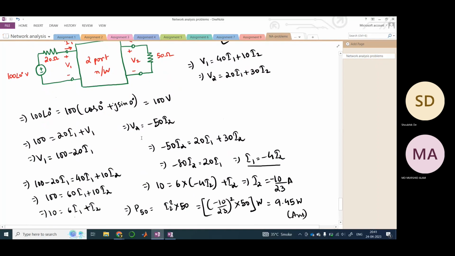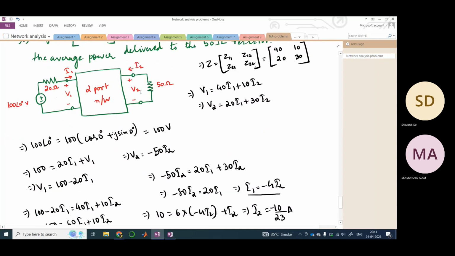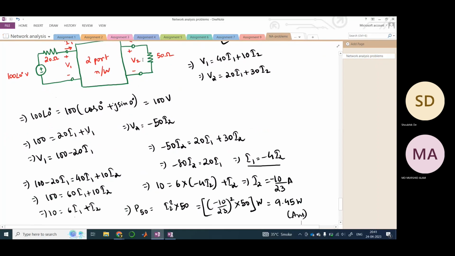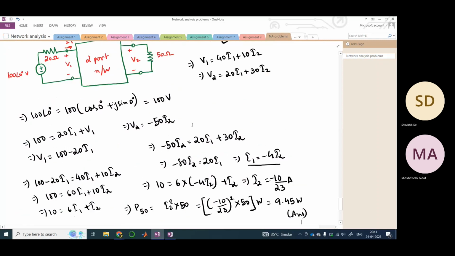And once you do that, you may be told to find the open circuit voltage at port 2, right? So in that case you need to open circuit the 50 ohm. In that case I2 would be equal to 0. You put that in this equation, you will get some value of V2, right? So the process would be the same. So definitely you will expect some question of this type in the exam.